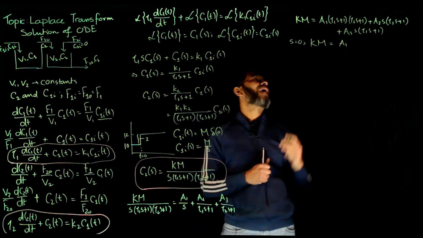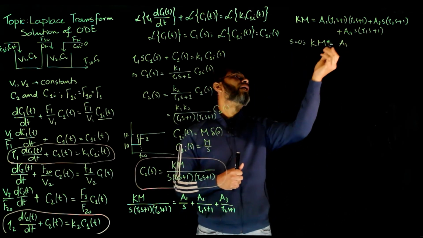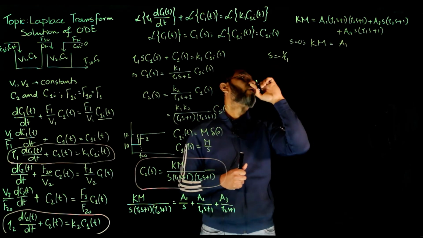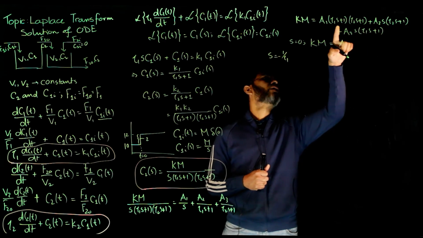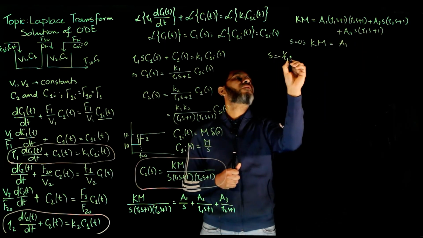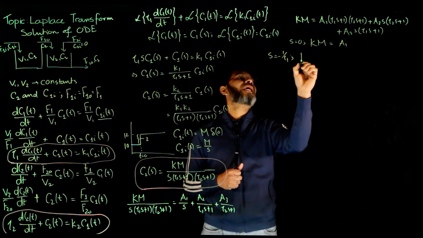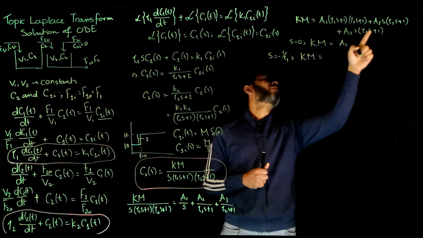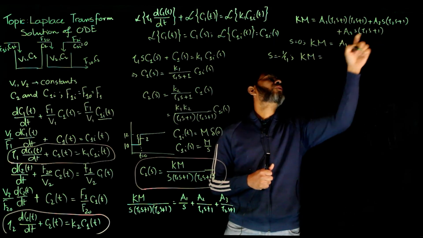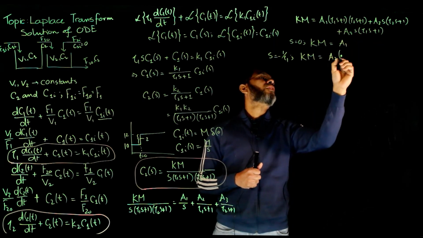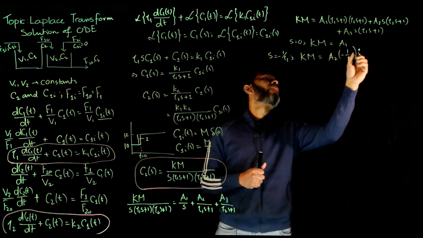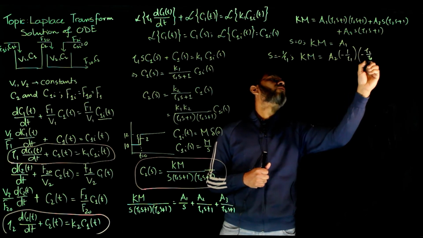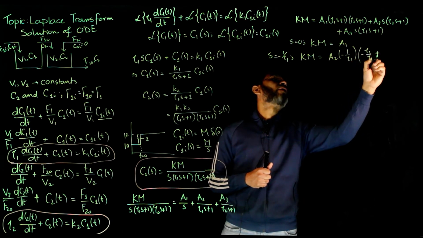Now to find the value of A2 and A3, let's put s equals negative 1 over tau 1, where the term tau 1 s plus 1 equals 0. We'll end up getting Km on the left hand side. On the right hand side, this one will be 0 and this one will be 0. So A2 times negative 1 over tau 1, and then this one will be negative tau 2 over tau 1 plus 1.